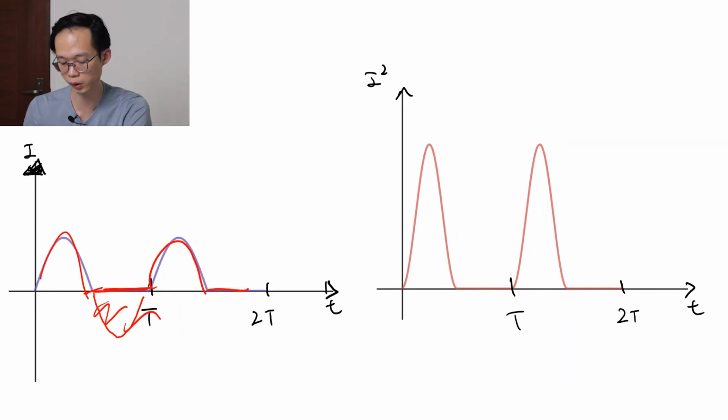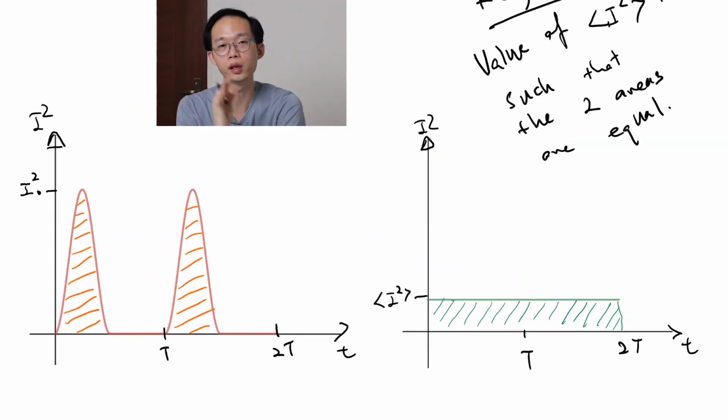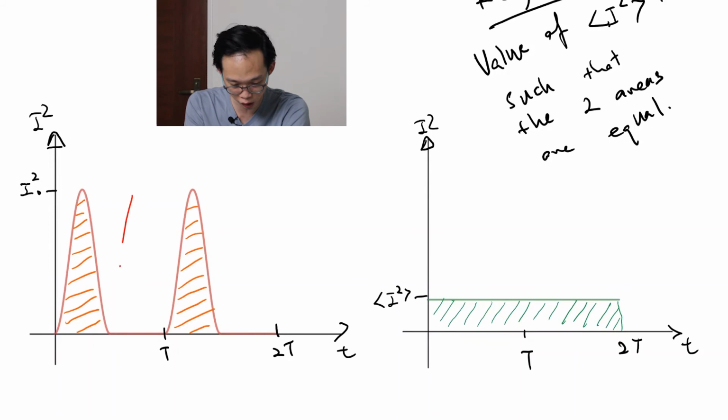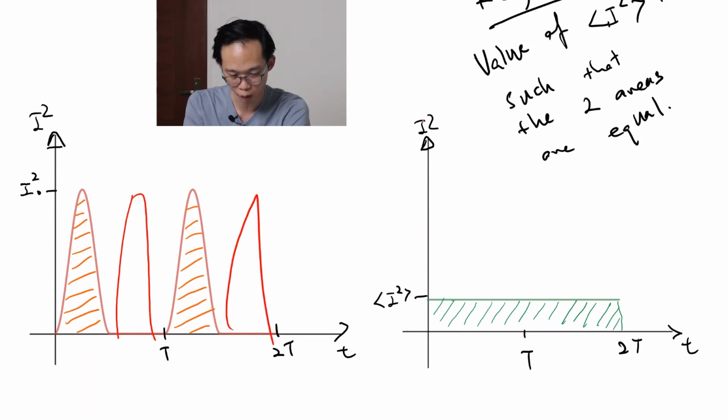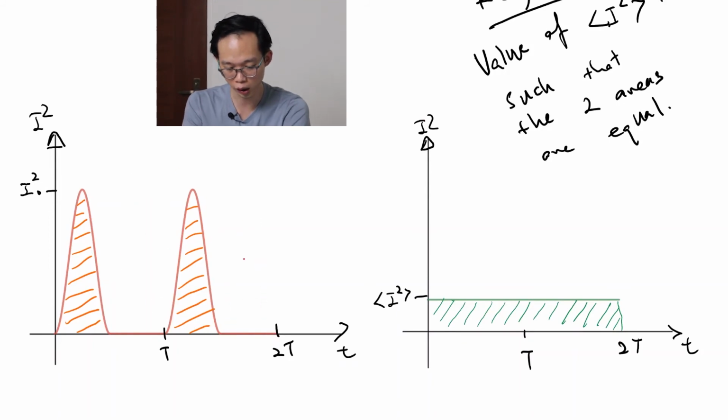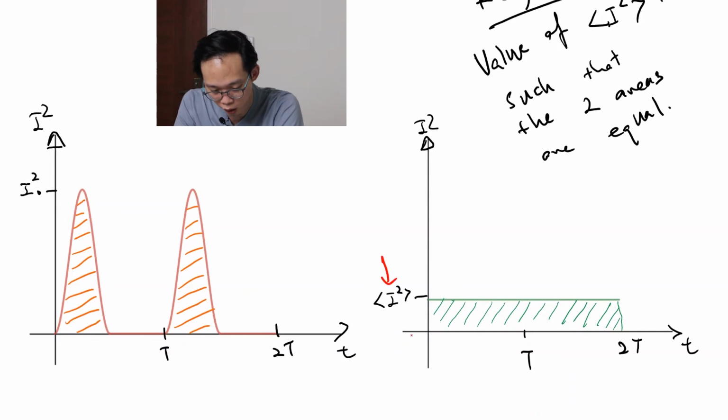So still following the same steps. Step 2, find the mean of the squared values. Now, you can see the area is half of before because originally we had these 2 more here, but now these 2 are gone. So the area here is half. Now, what is this value here that will have the same area under the graph as these 2 peaks?